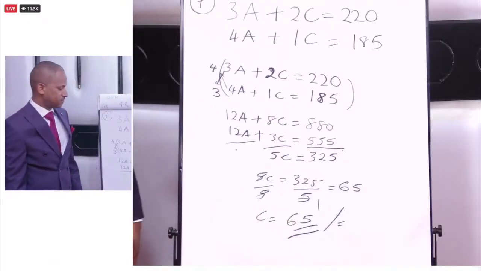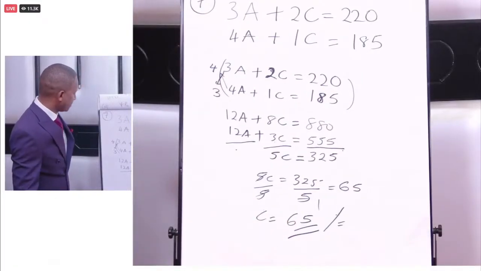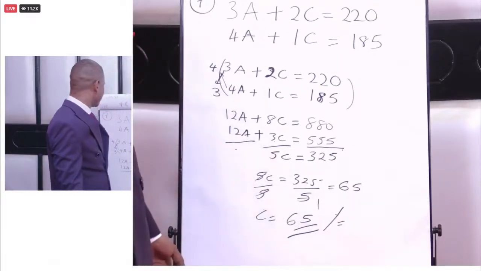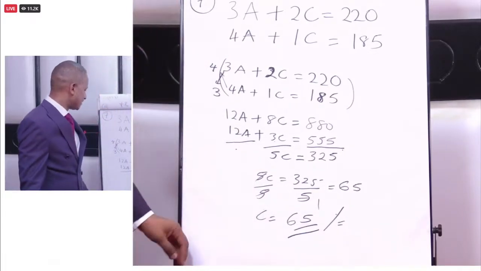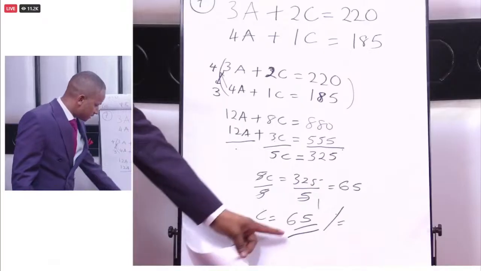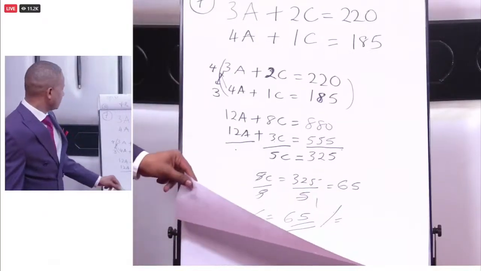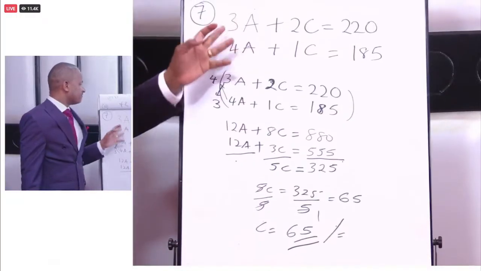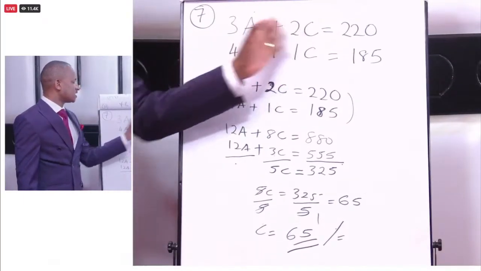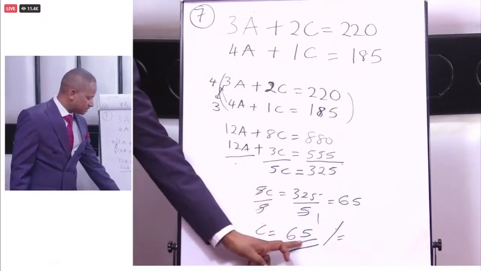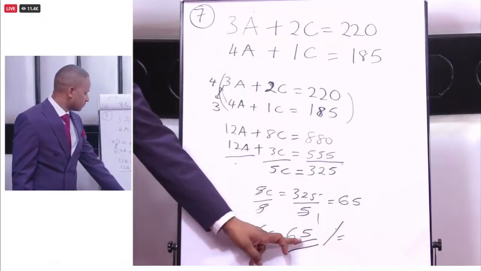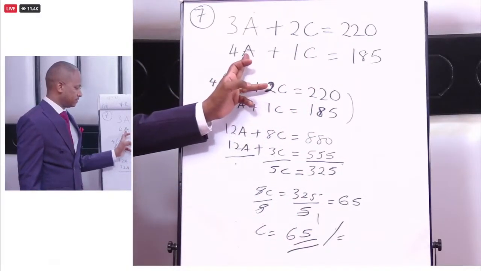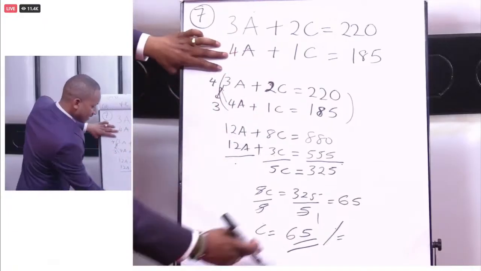That is little. That is all. If they wanted the amount of money that each artisan is earning, then you substitute 65 where the C is, and then you get the value of A. So our answer is 65.